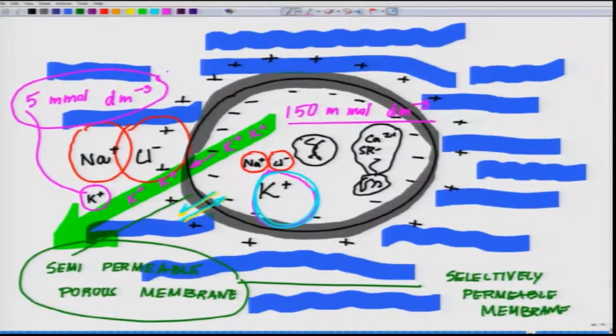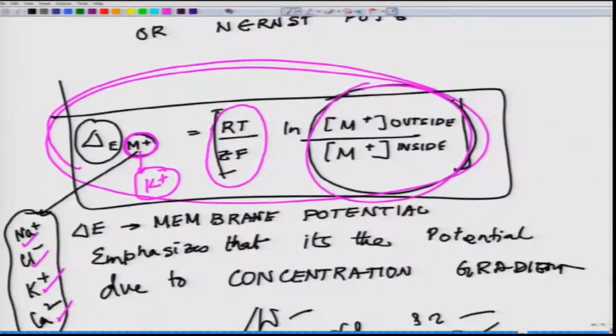If these are the two concentrations, and if we consider the body temperature to be 37 degrees centigrade, which is 310 Kelvin, I can plug in the values into the expression which we developed.